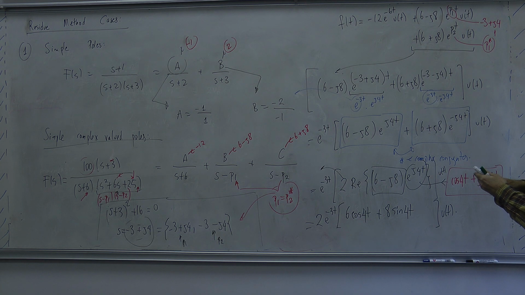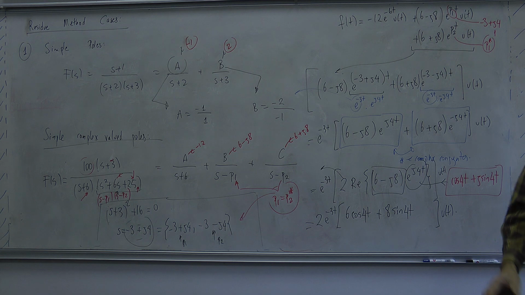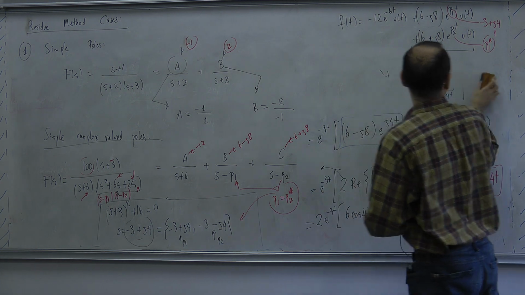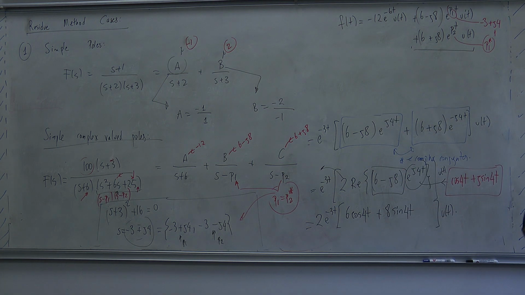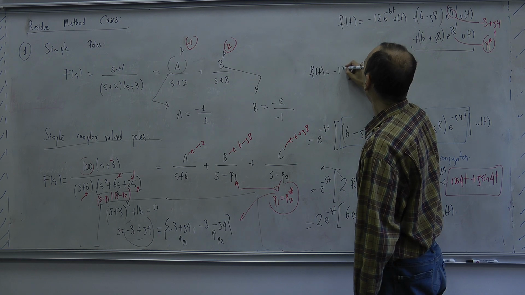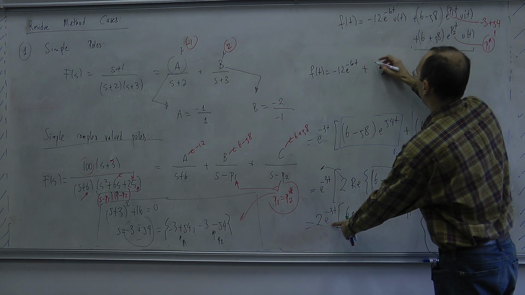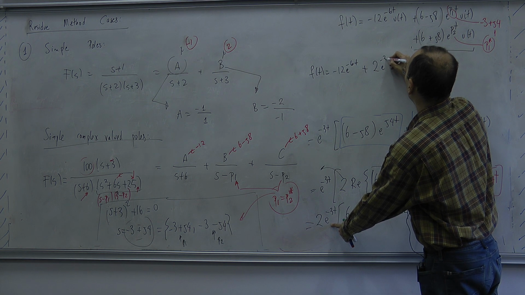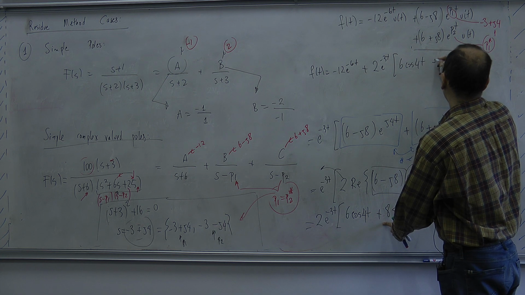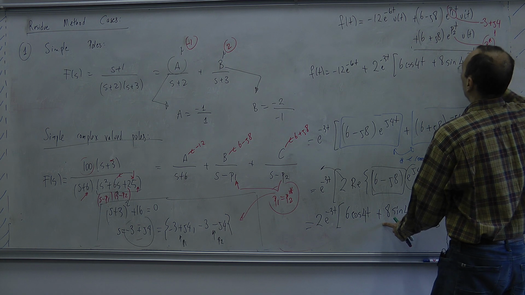So then our final result is f of t. If we check this, f of t is, let's erase this part. Finally, f of t, this thing, minus 12 e to the 6t, plus this thing, 2 e to the minus 3t, 6 cosine 4t, 8 sine 4t, u(t).